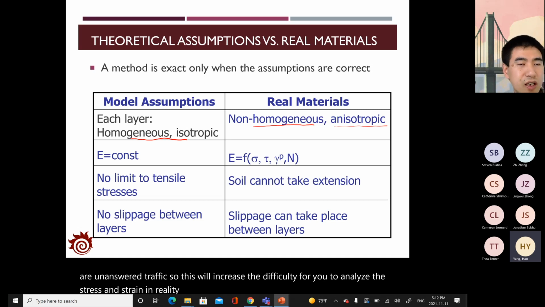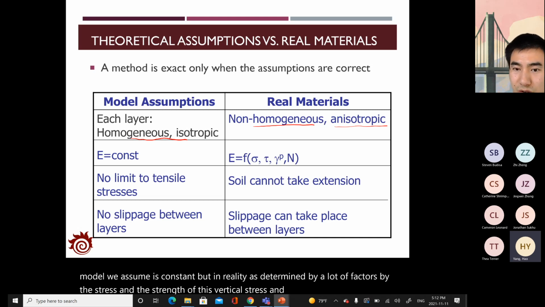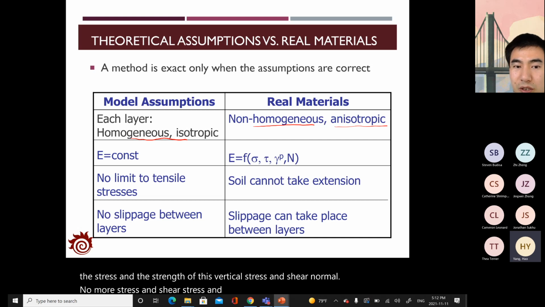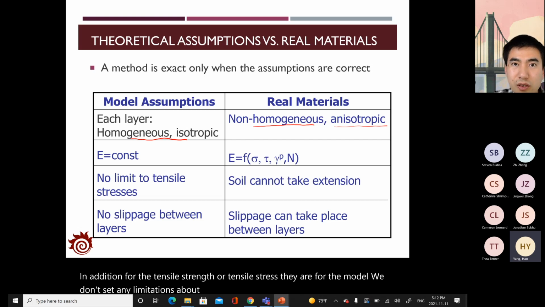In addition, for the elastic modulus, in the model we assume it is constant, but in reality it is determined by a lot of factors, by the stress and the strain, the vertical stress and normal stress and shear stress, and also the load applied to the pavement structure. In addition, for the tensor stress, in the model we don't set any limitations, so it can be as large as possible, but there might be some maximum values we can calculate.